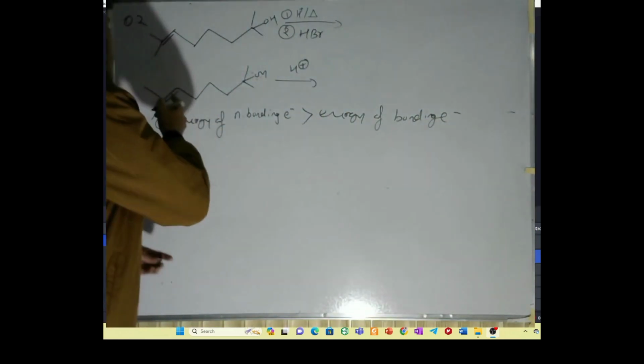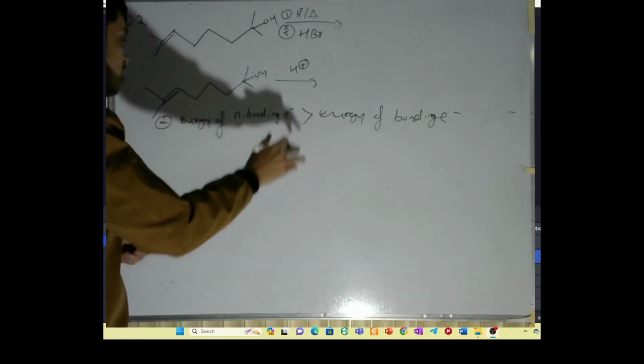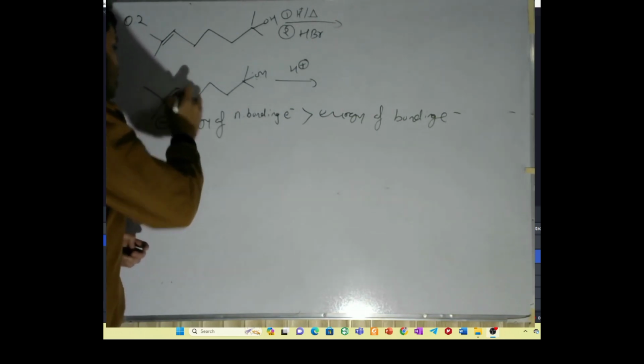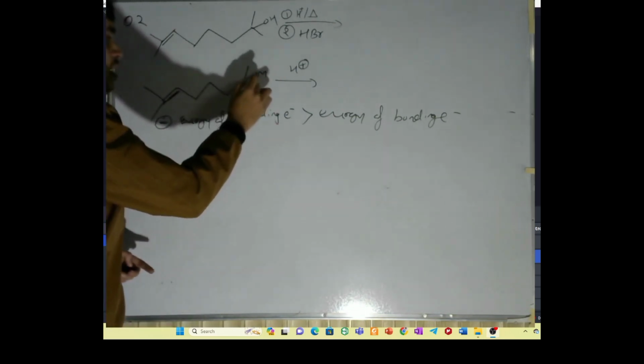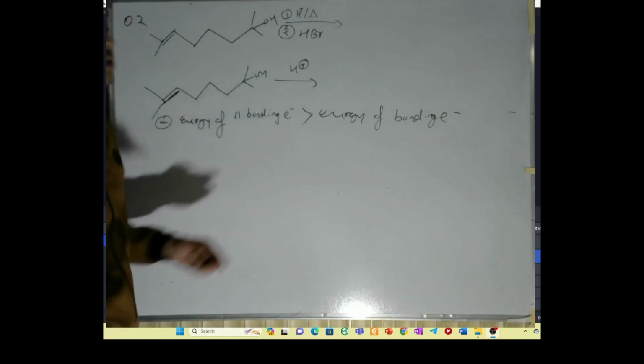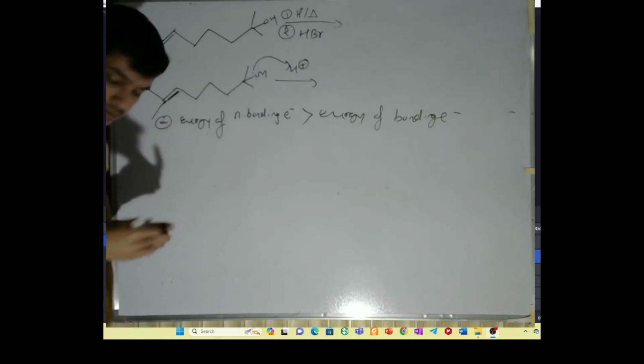See, these pi bond electrons are bonding electrons, so they have low energy. This non-bonding electron has high energy, so the probability of reaction of this non-bonding electron towards H+ is more as compared to this double bond. Okay, so this will react first.